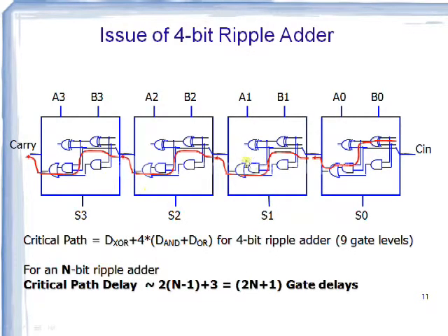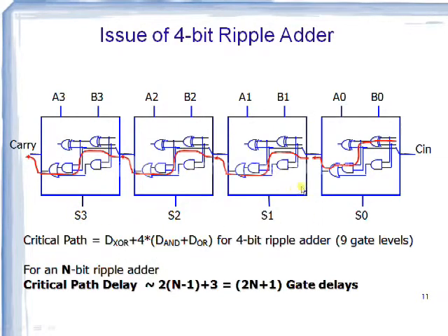This is how the 4-bit ripple carry adder looks, and this is the propagation delay generated with the ripple carry adder. So the critical path equals D XOR, the delay generated by the XOR gate in the first stage, plus 4 into D AND plus D OR, as we are going with 4 stages.